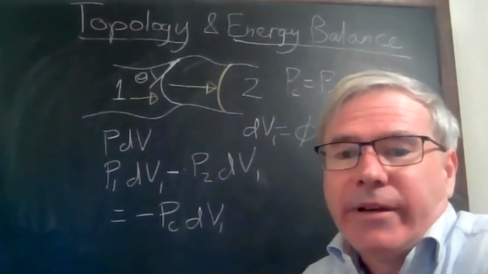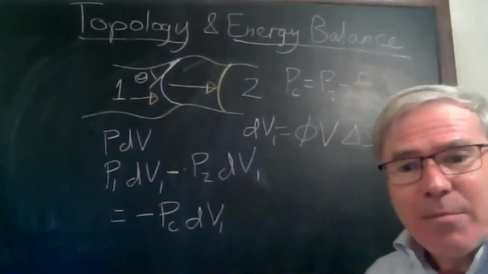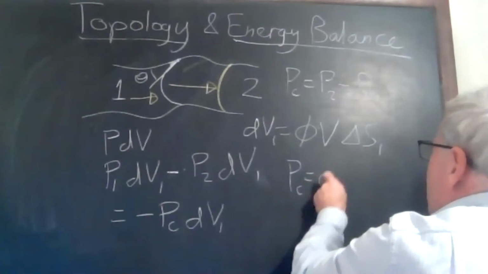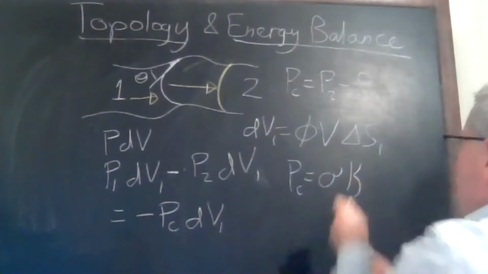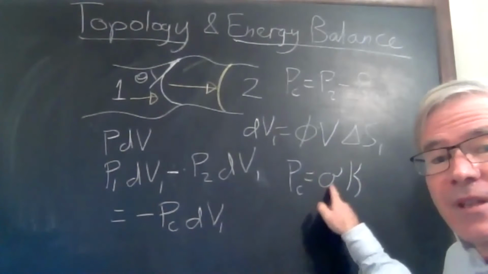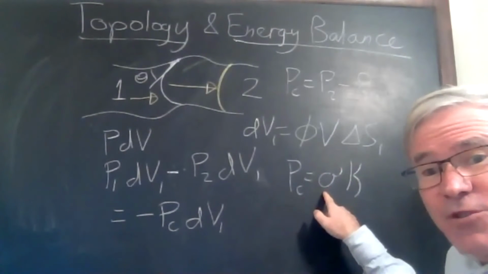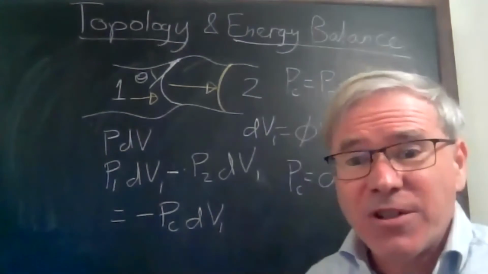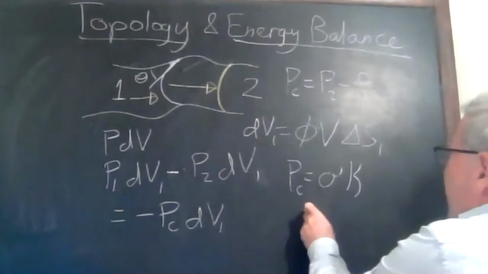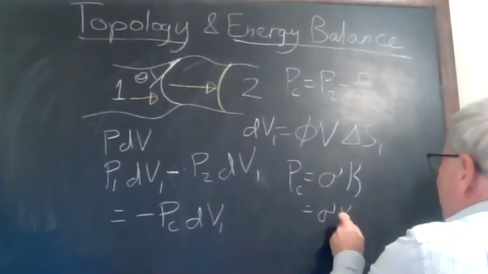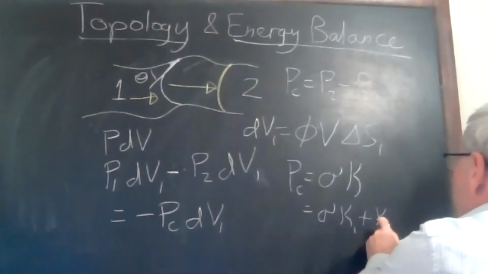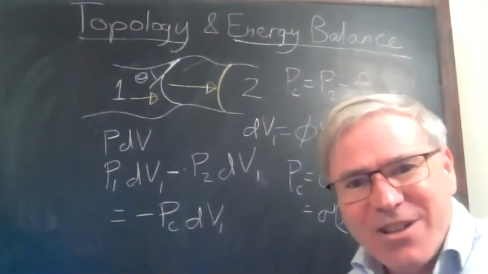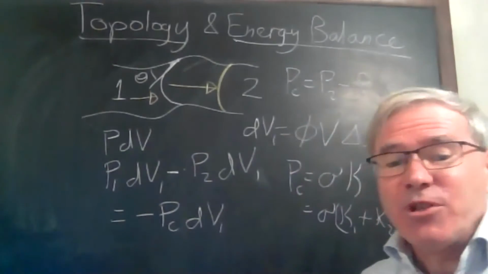Aha, we can use the Young-Laplace equation. The Young-Laplace equation says that the capillary pressure is the interfacial tension times curvature. Now, which curvature do we mean here? This is the sum of the curvatures, not the Gaussian curvature. And this curvature, as we've already hinted at, we can measure from our images.